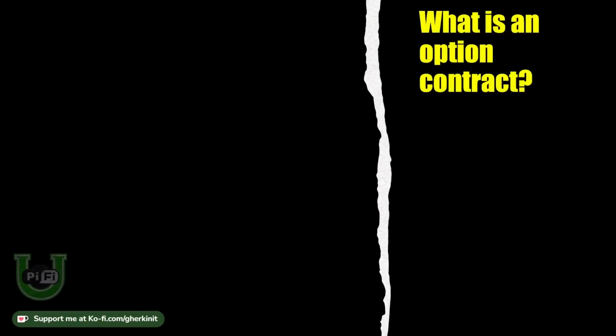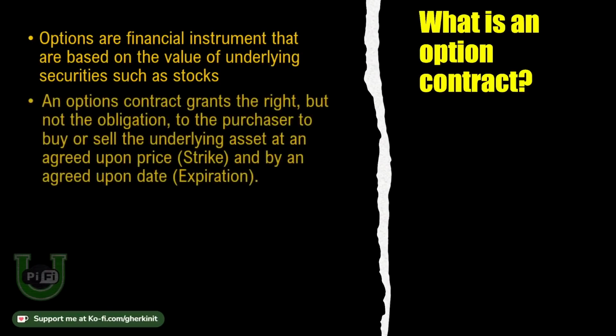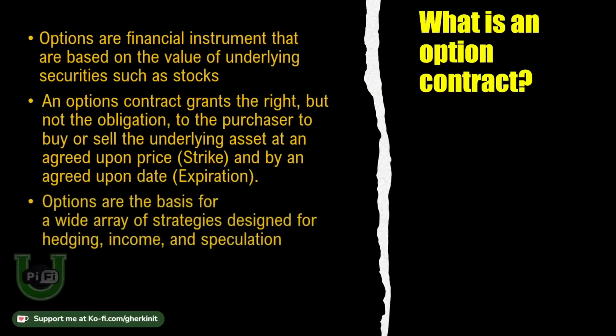Let's talk first about what is an options contract. Options are a financial instrument that are based on the value of underlying securities such as stocks. An options contract grants the right, but not the obligation, to the purchaser of the contract to buy or sell the underlying asset at an agreed upon price, known as the strike, and by an agreed upon date, known as the expiration.